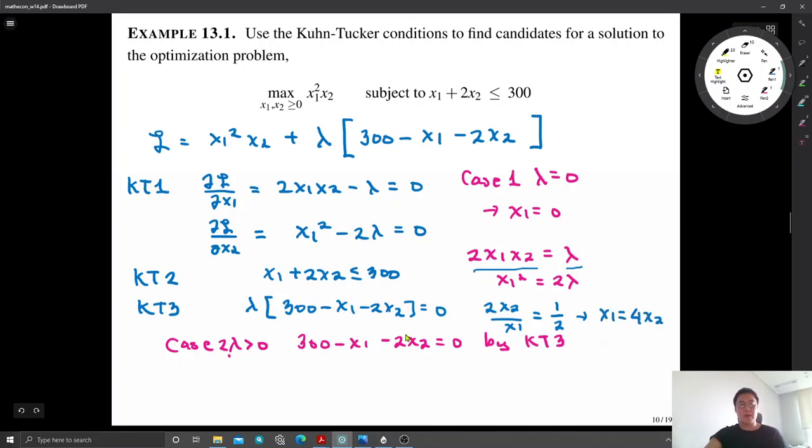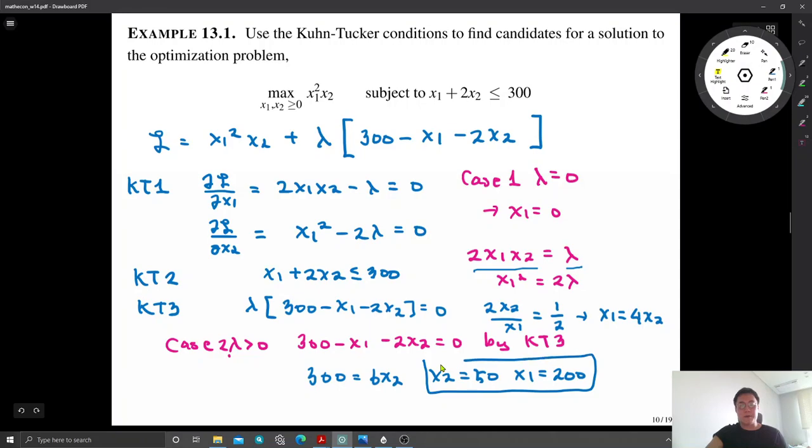So now we have two equations with respect to x1 and x2, so we can solve for each variable. So 300 equals 6x2 after substitution, then we can get the value of x2, that is 50, and x1 is going to be 200.